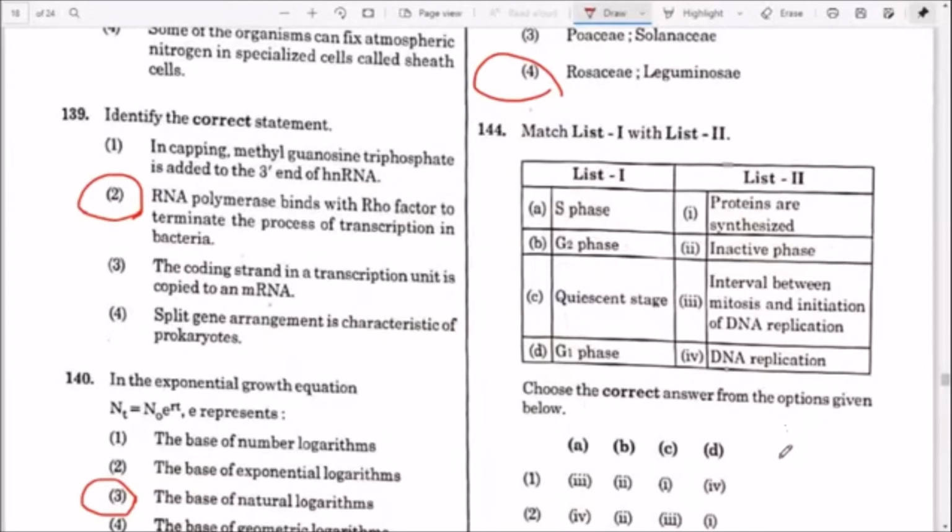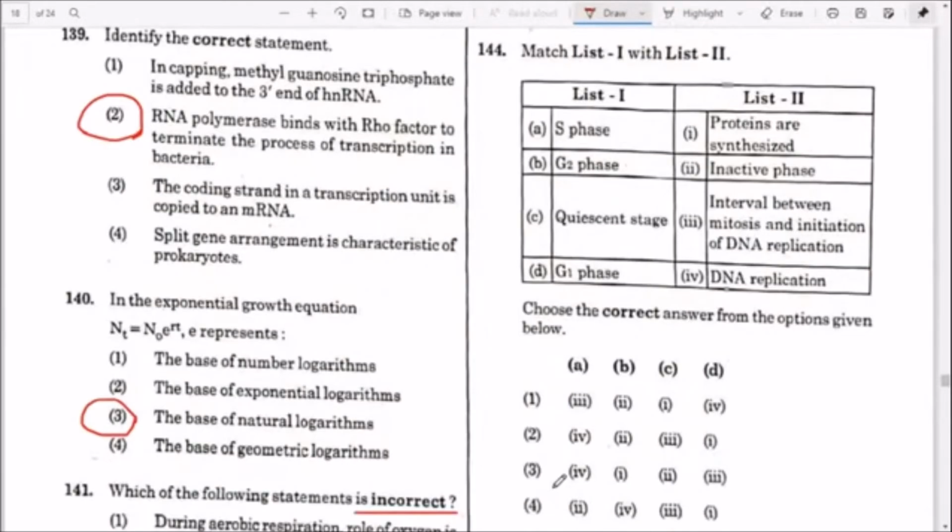Proteins are synthesized in active phase, interval between mitosis and initiation of DNA replication. Choose the correct answers from the options given below. It is 3, where A is 4. S phase is DNA replication, G2 phase is proteins are synthesized, quiescent stage is inactive phase, and G1 phase is interval between mitosis and initiation of DNA replication.